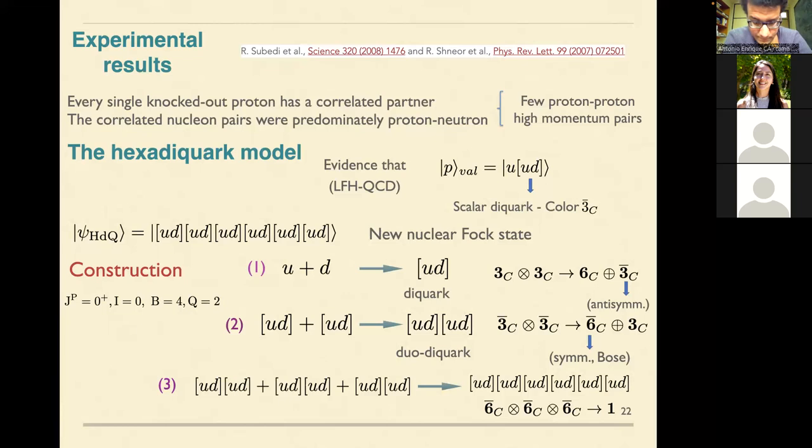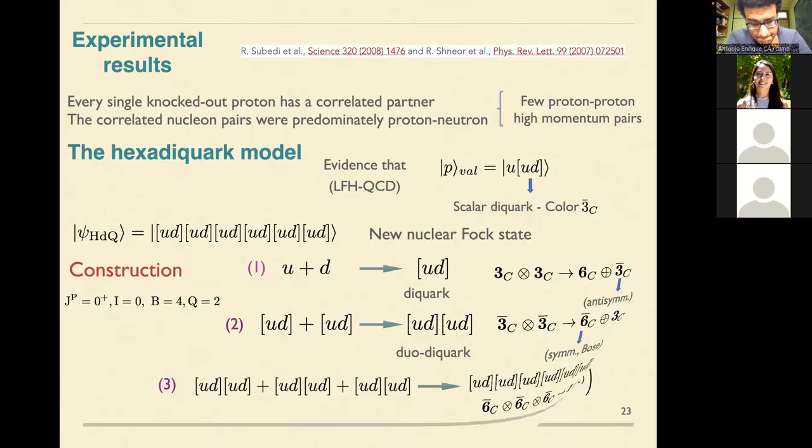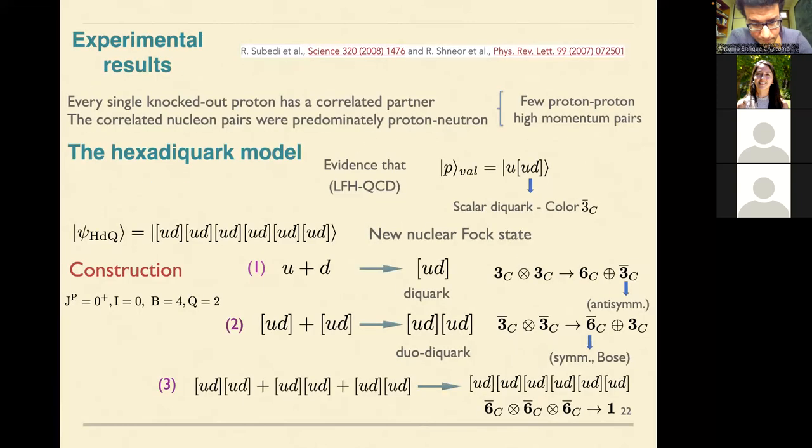The idea is what is called the extra diquark model. So we are going to do the following. Because you have this correlation between proton and neutron, we're going to assume there is a correlation also between the U and the D quarks inside the proton.